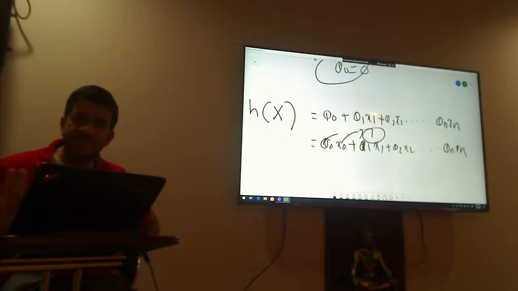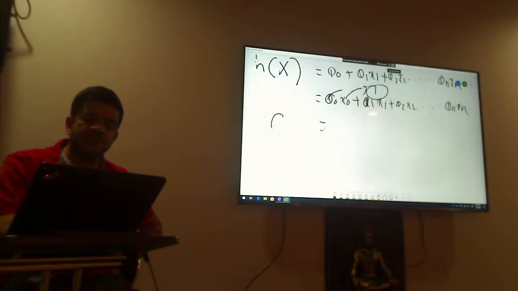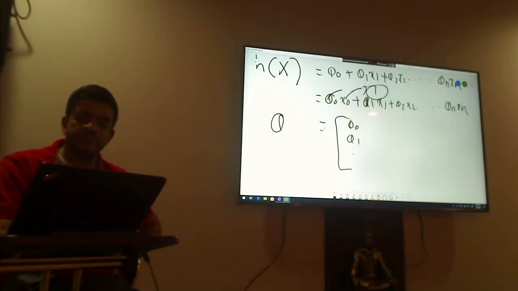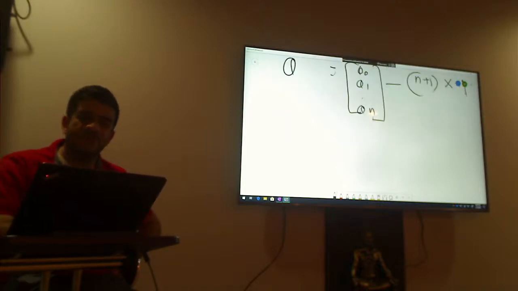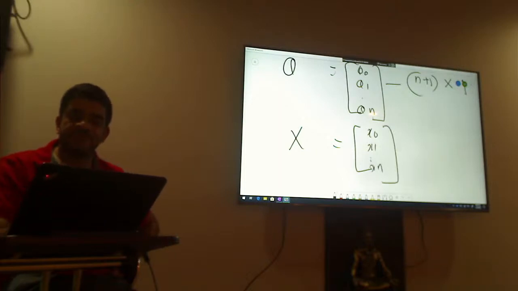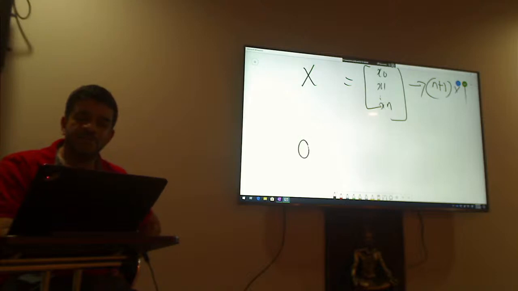So technically these two are the same. So what is the theta vector here? Theta 0 to theta n, this is of size n plus 1 times 1. And what is the x vector? x0, x1, to xn, and this is also n plus 1 times 1.